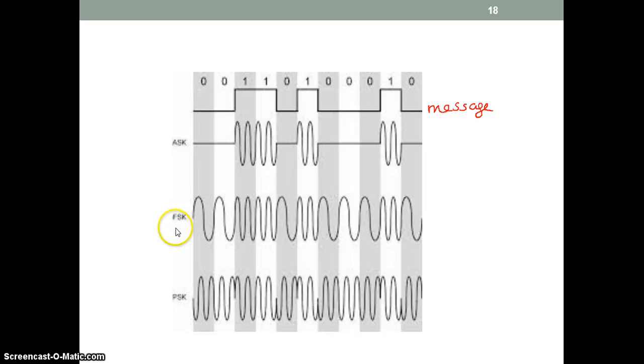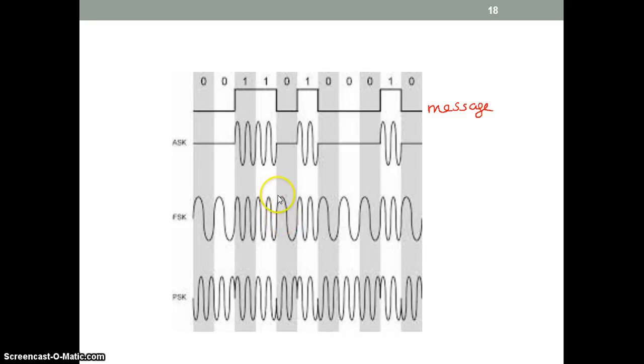Similarly, FSK. FSK means frequency of the carrier signal will shift in accordance with the binary message. Look here, when it is 0, you can see a high frequency. When the message signal is 1, you can see a low frequency. Here a low frequency, this is a high frequency.